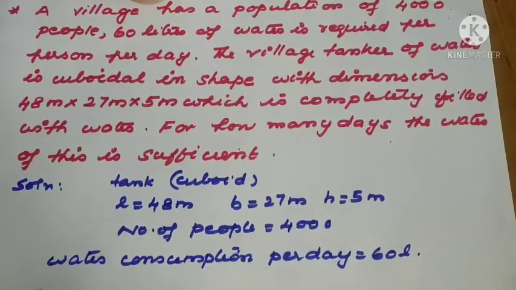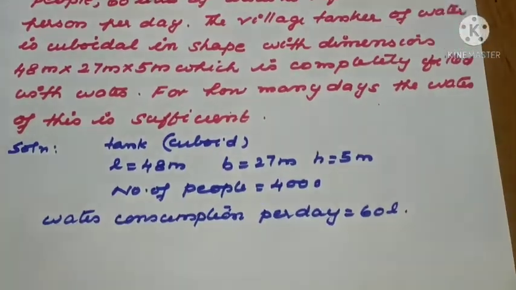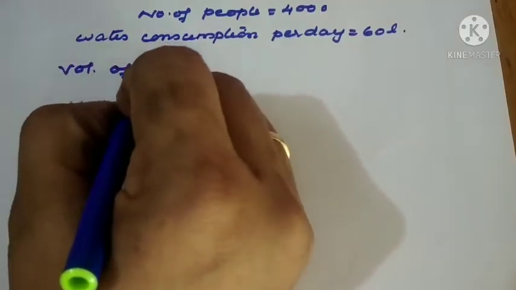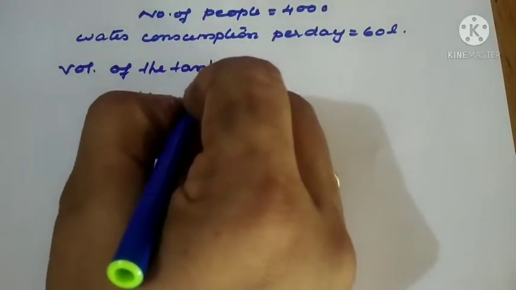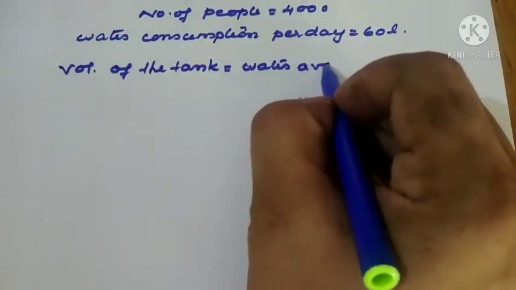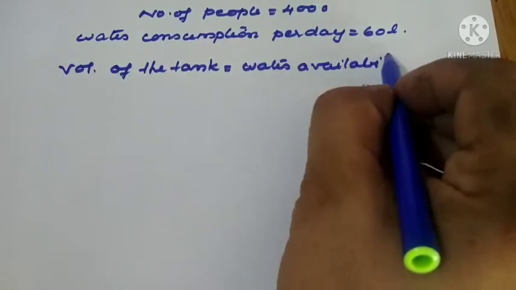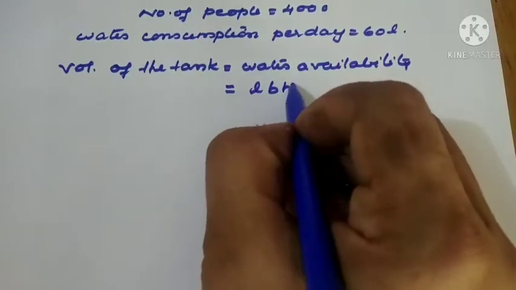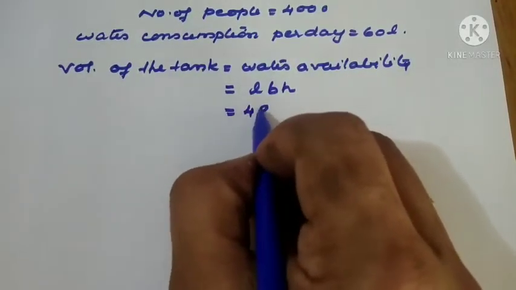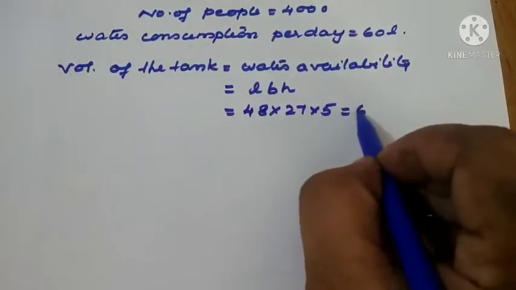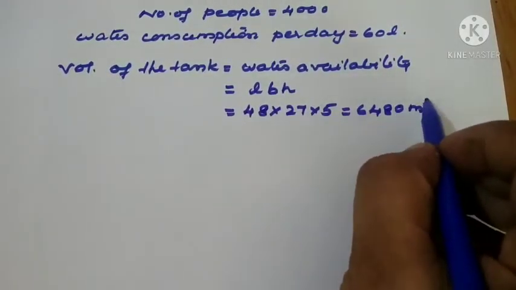Now the volume of the tank, or the water availability, equal to LBH equal to 48 into 27 into 5 equal to 6480 meter cube.